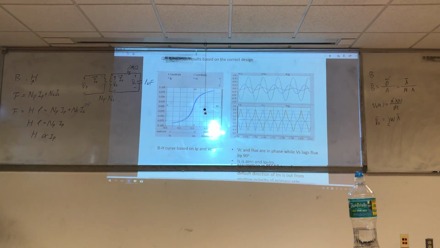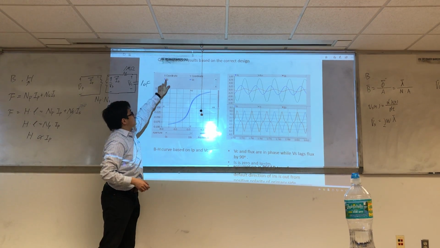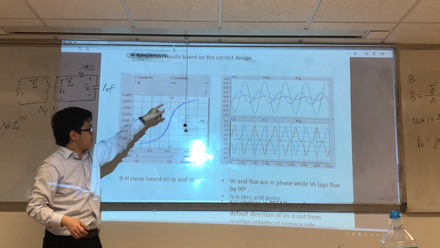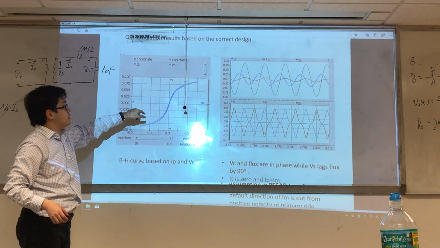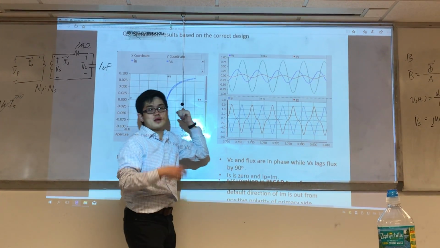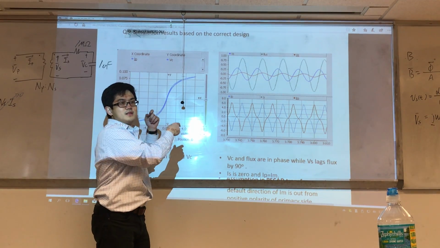This is the correct answer. So this is your pH curve. Put your primary side current as your X and the capacitor voltage as your Y, then you can plot the pH curve. In PSCAD you can measure the flux directly, but we don't use that for this problem.